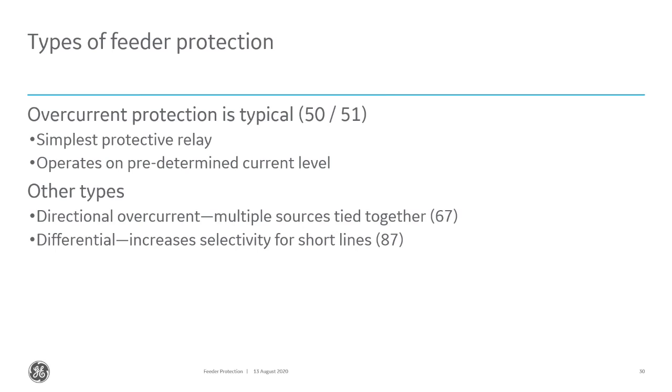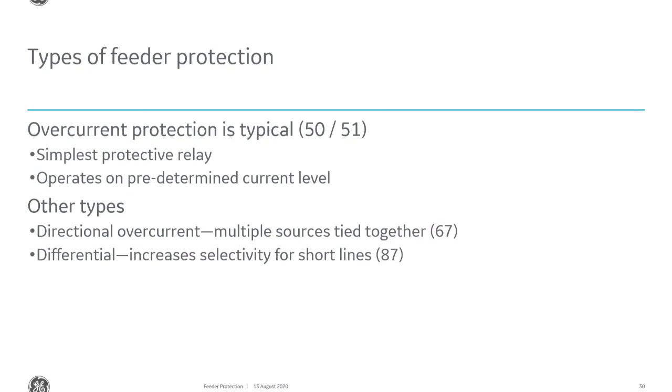There are other types of overcurrent relay, one of which is the directional overcurrent, and the differential overcurrent. We won't talk so much about them, but the directional overcurrent, the only difference between it and a normal overcurrent element is it will only see faults in one direction. So you just need to set it to which direction you need to see the fault.